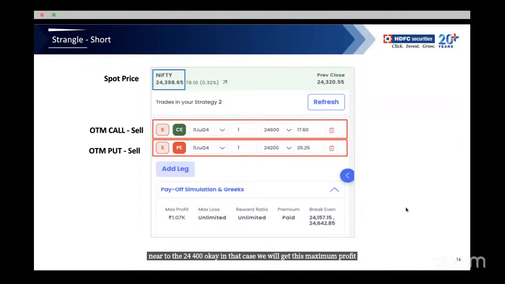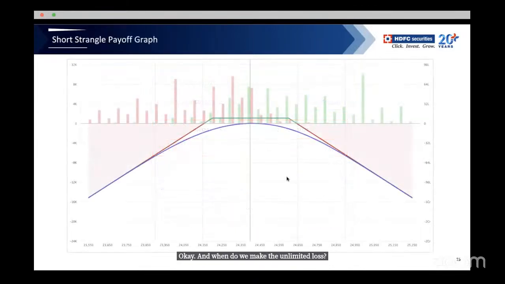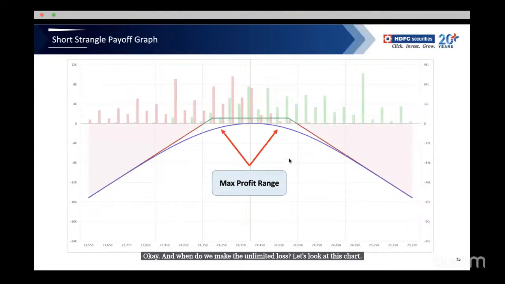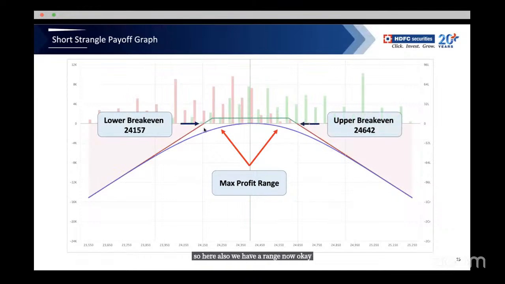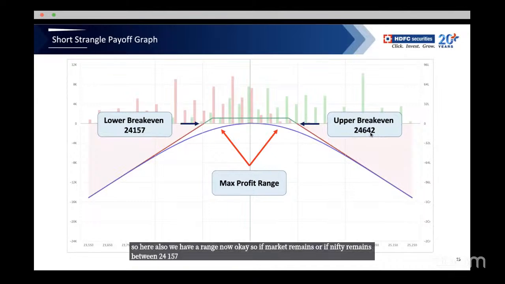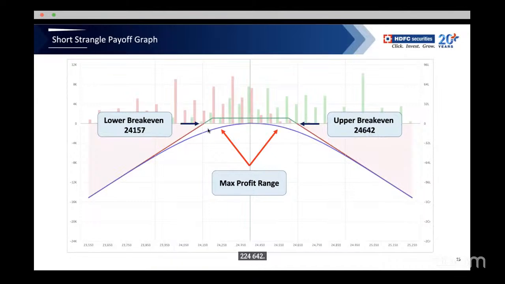Okay, and when do we make the unlimited loss? Let's look at this chart. So here also we have a range now. If Nifty remains between 24,157 to 24,642, this is a range that we are getting, then this overall strategy will make a profit.